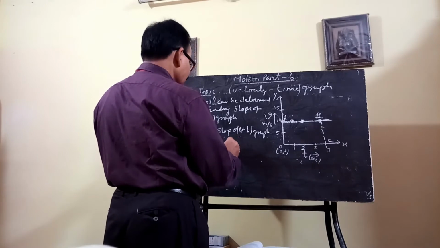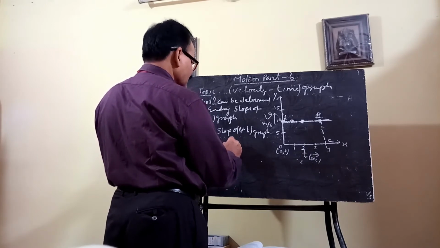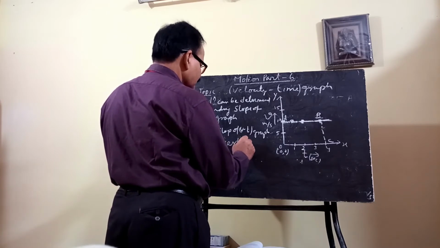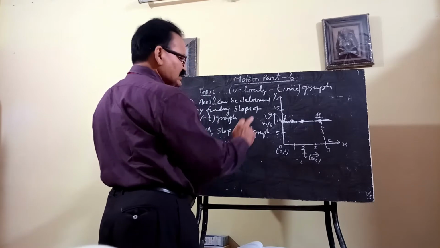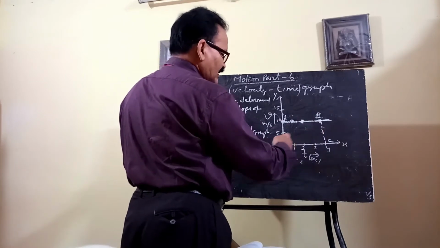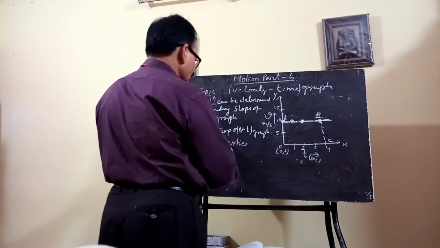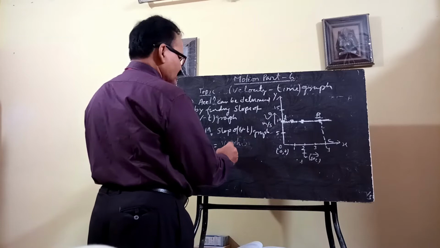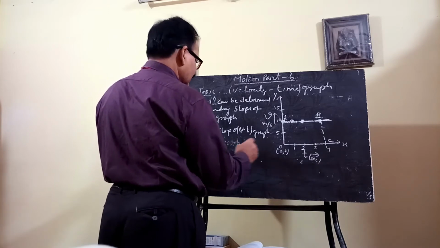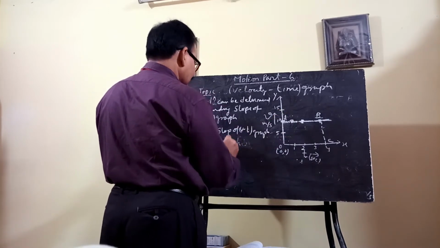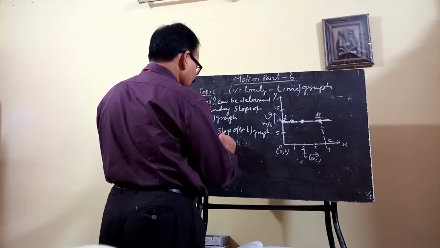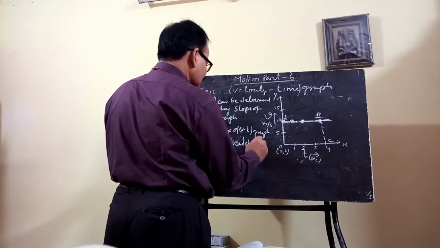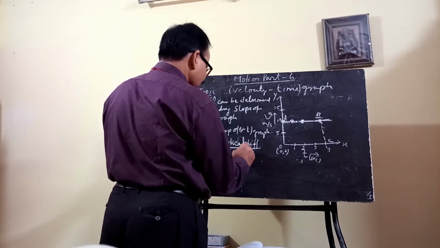So here the slope is the vertical difference divided by the horizontal difference.